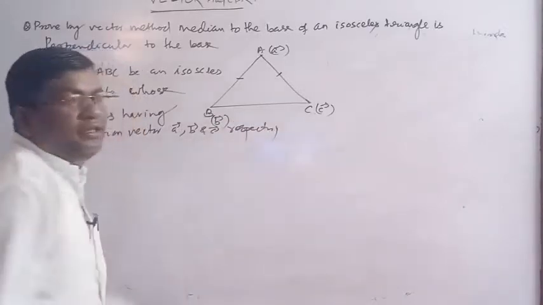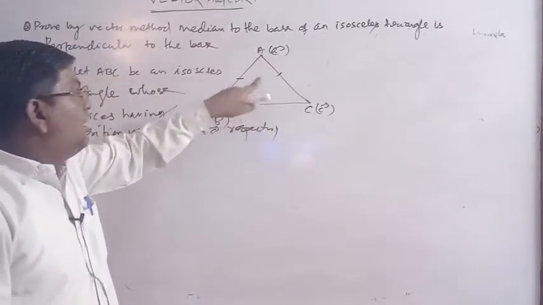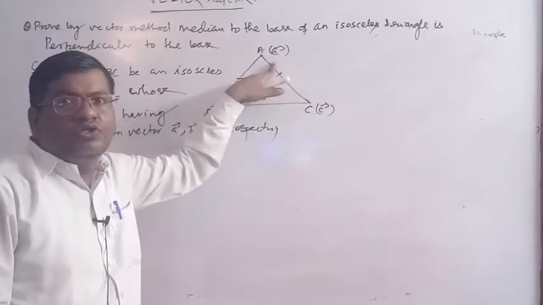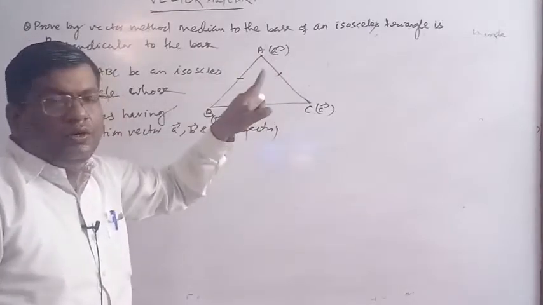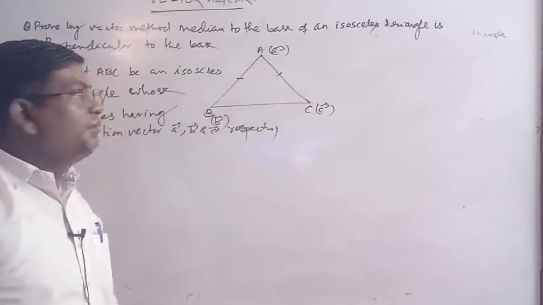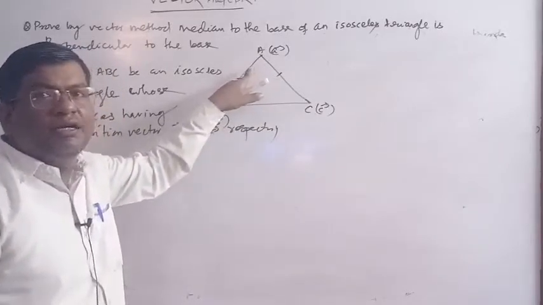Okay, this is triangle ABC and the vertices have the position vectors A, B, C.